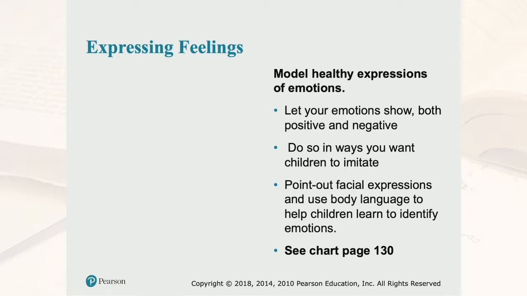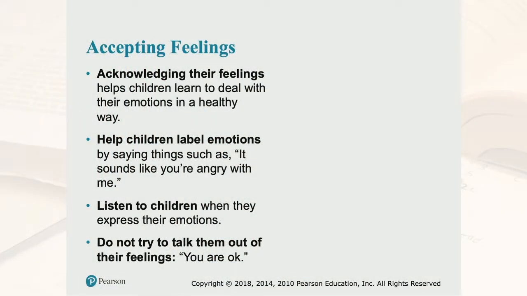Children in preschool, older preschool, are really able to pick up that body language as well, and understand that body language is related to emotion. So there is a chart on page 130 of your text to review, because it does explain that in a little bit more detail if you need some further clarification.